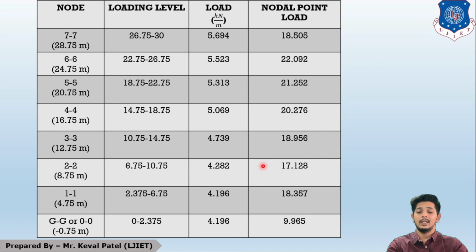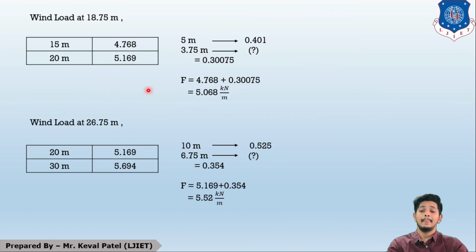Now for the next value, the height is 14.75, which is the maximum height for the loading level. For 14.75, I will again cross multiply the same way. Then for 18.75, I see that if the 15 meter pressure is 4.768 and the 20 meter pressure is 5.169, and the gap is 5 meter, the gap for pressure will be 0.401.